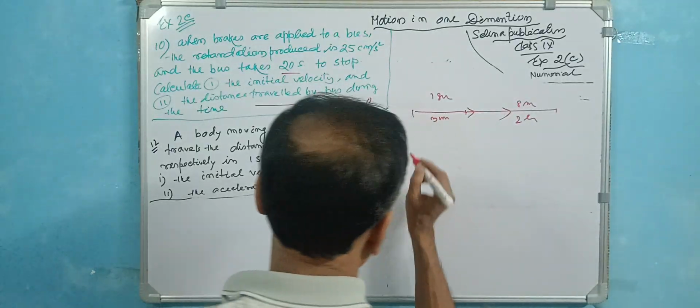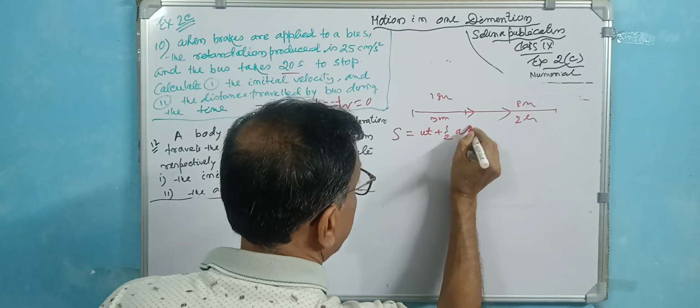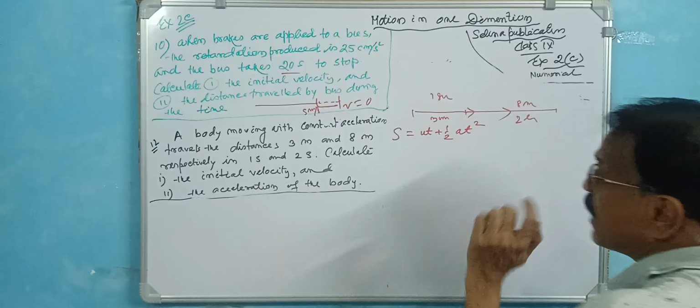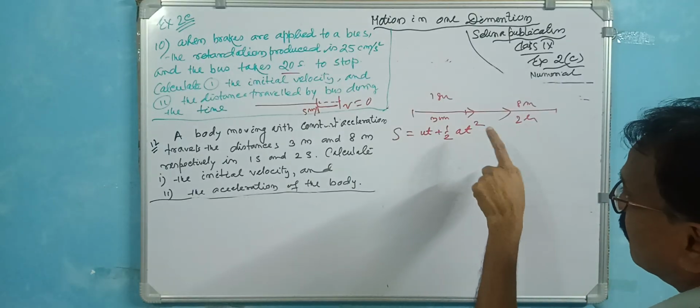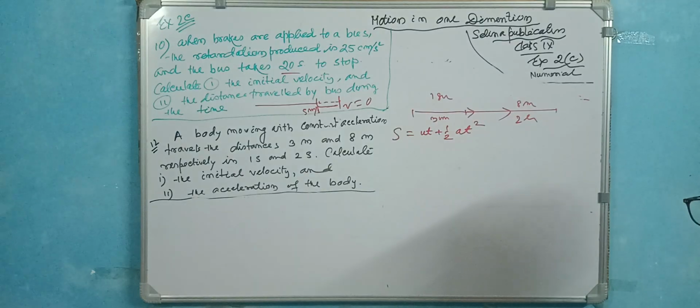So in that case, you use the formula S is equal to ut plus half at square. Because S is the distance, u the initial velocity you calculate, a the acceleration you calculate, and t is the time. The S is given.